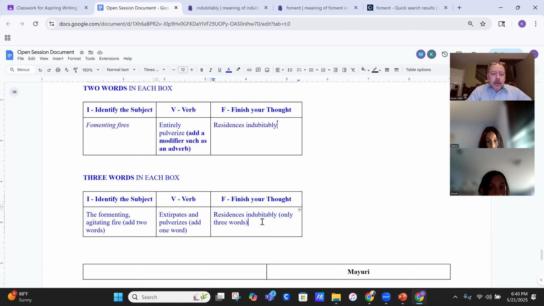Here you need to add another word in the bottom. And then this is fine. Oh, here, the fomenting, agitating fire. That's four words.